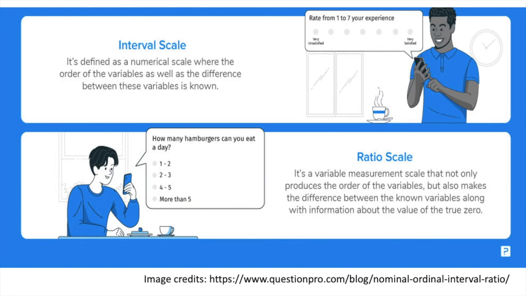An example of a ratio scale is a question about what is your daughter's current height? Is it less than 5 feet, 5 feet 1 inch to 5 feet 5 inches, 5 feet 6 inches to 6 feet, or more than 6 feet?